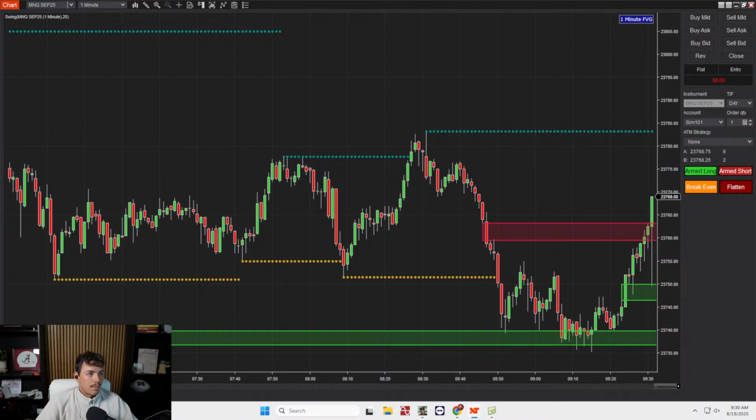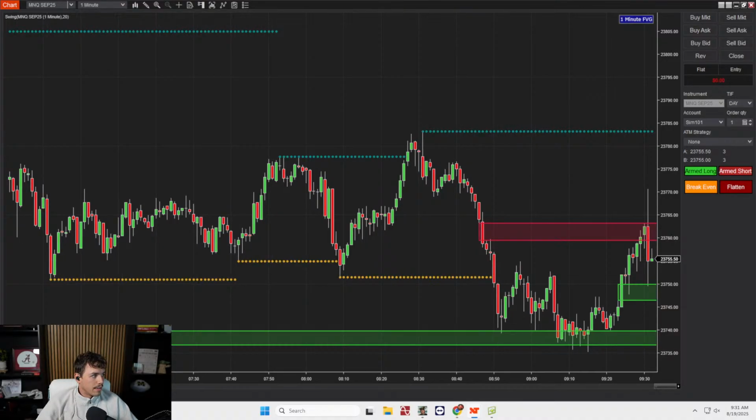Big drop and then pump back up there on the open. A very big opening candle there. I guess it's not that big. 20 points on the opening candle. Still fairly big.